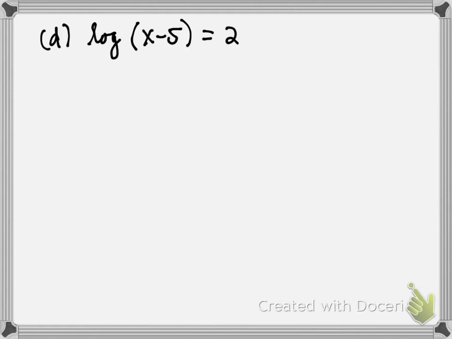So this is log, and I don't see a number here. That means it's understood that the base there is 10, right? So when I write this in exponential form, this will be 10 to the power 2 is equal to x minus 5.